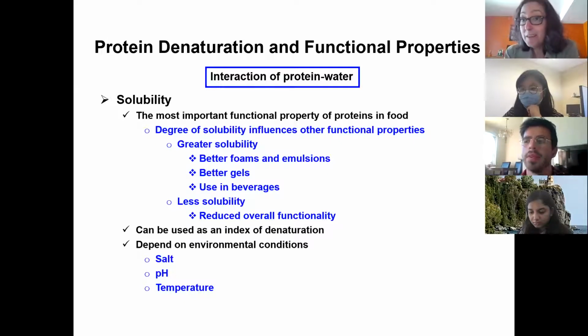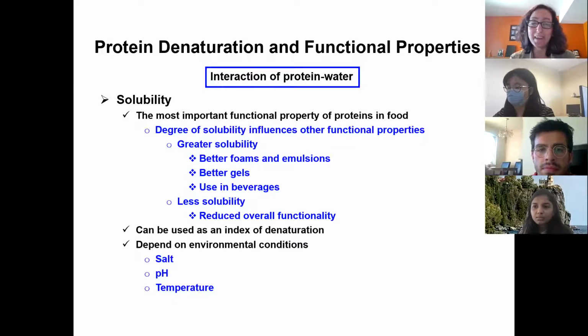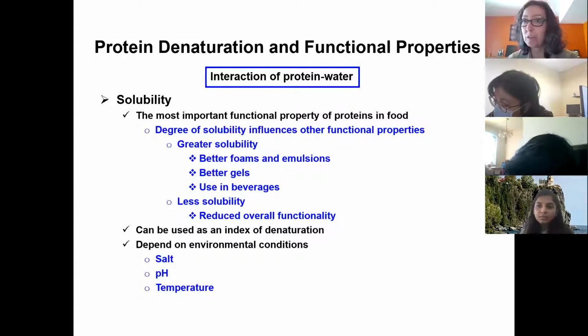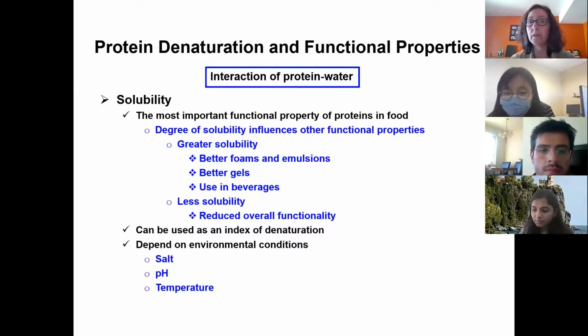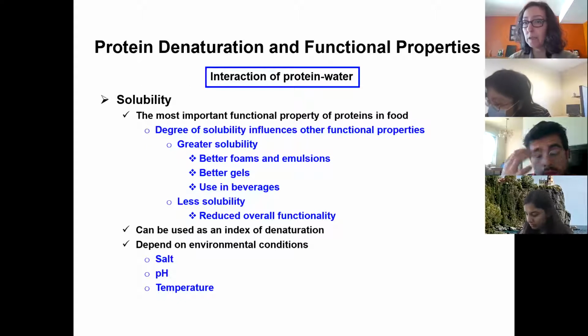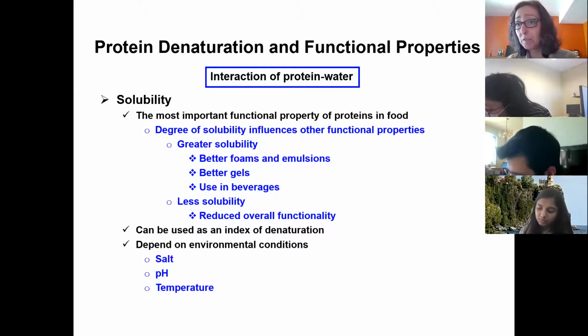solubility. Solubility is the best functional property. Why? It is very important for the protein to be soluble to function. If the protein is not soluble, it's going to sediment and not form a gel if you're trying to form a gel. It won't form an emulsion if you're trying to form an emulsion.